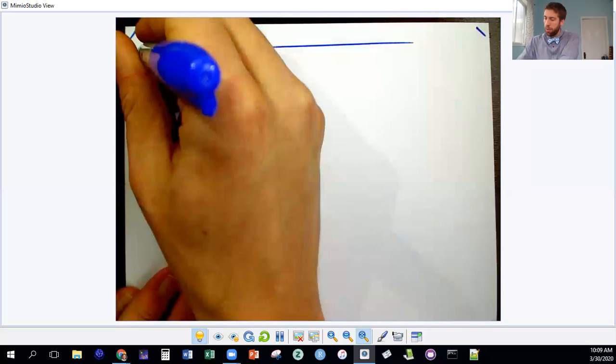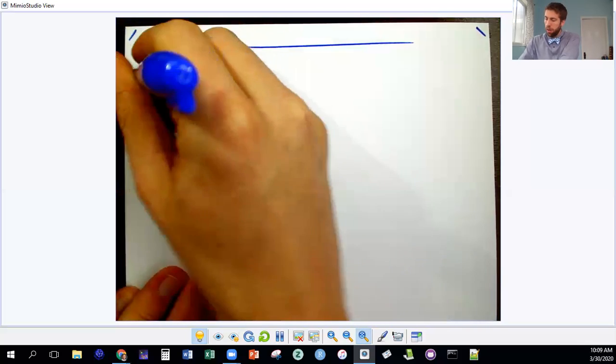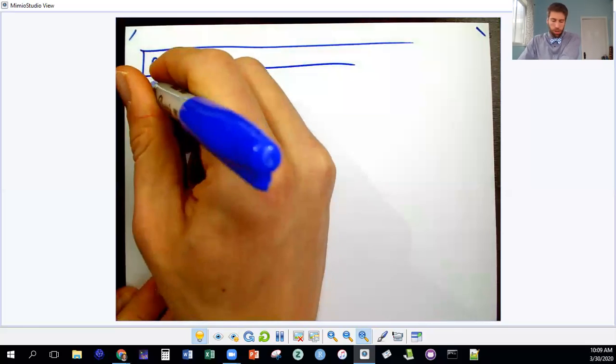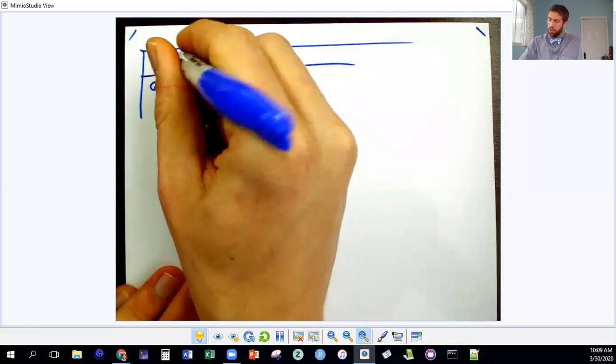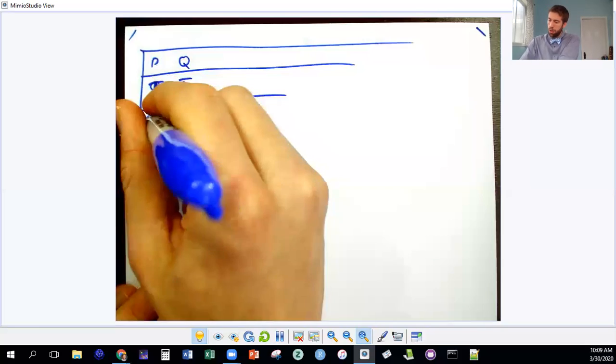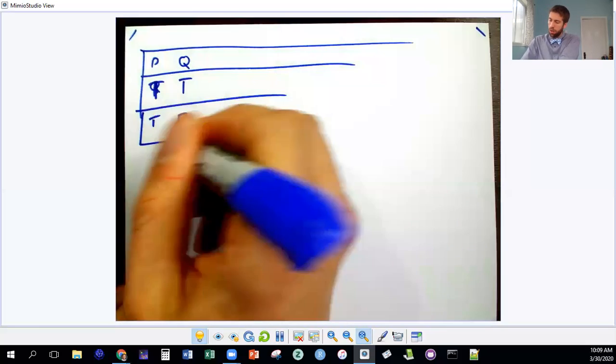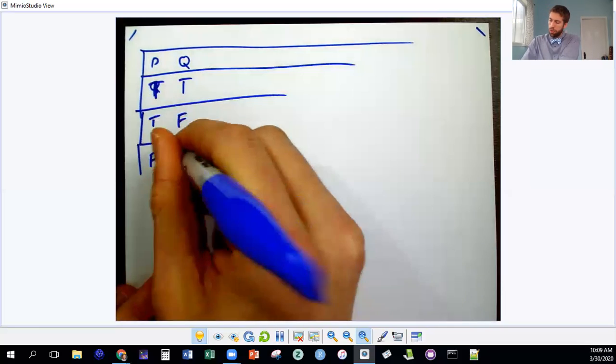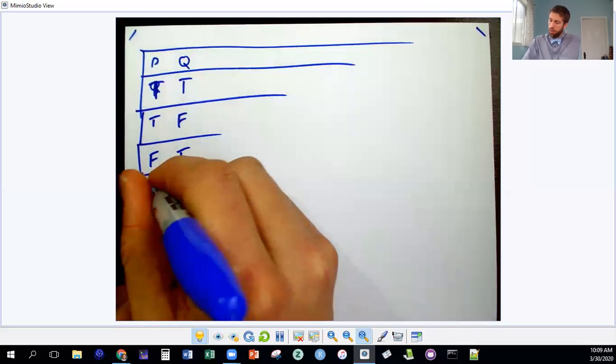So then we need P, Q, oh, that's incorrect. P, Q: true, true, true, false, false, true, false, false.